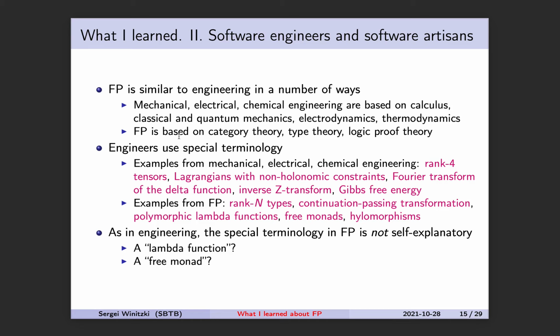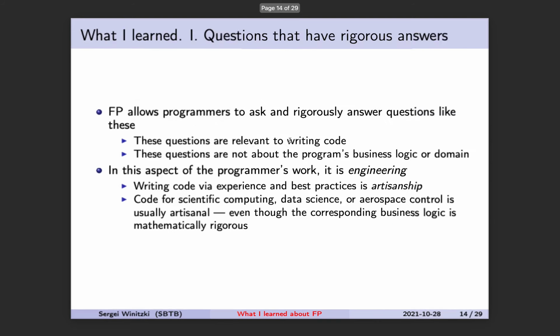And functional programming is based on category theory, type theory, and logic proof theory. So that's a big similarity, that the questions that engineers answer based on electrodynamics or mechanics are similar to questions that programmers answer based on category theory, like how do you implement a free monad?